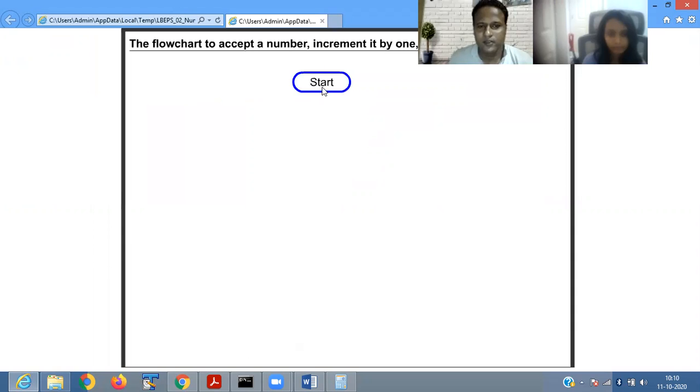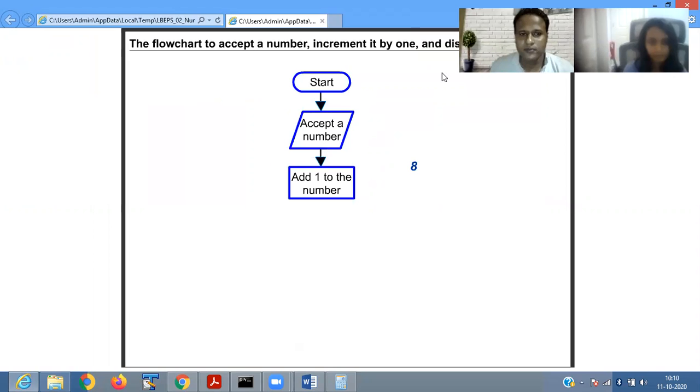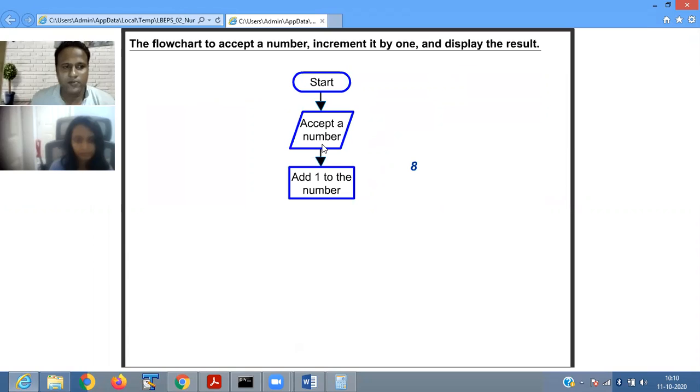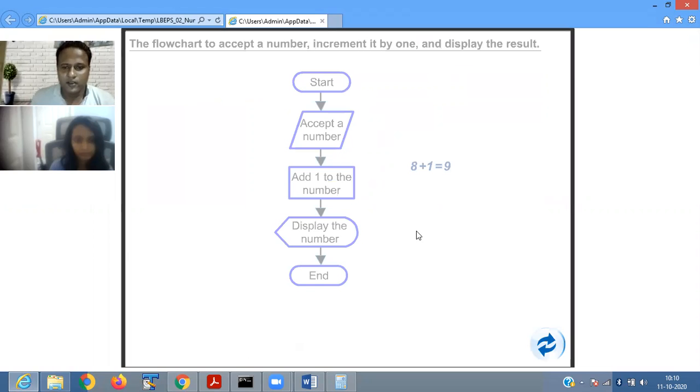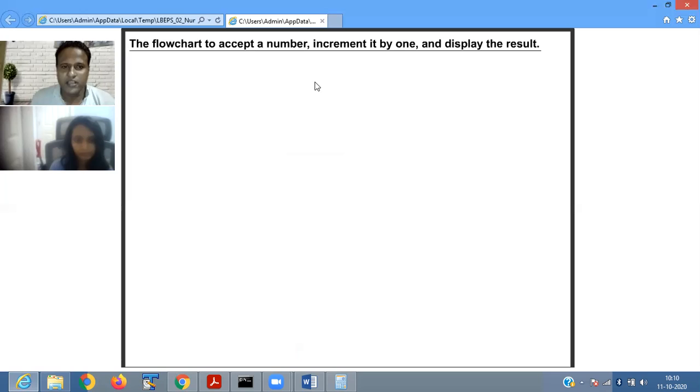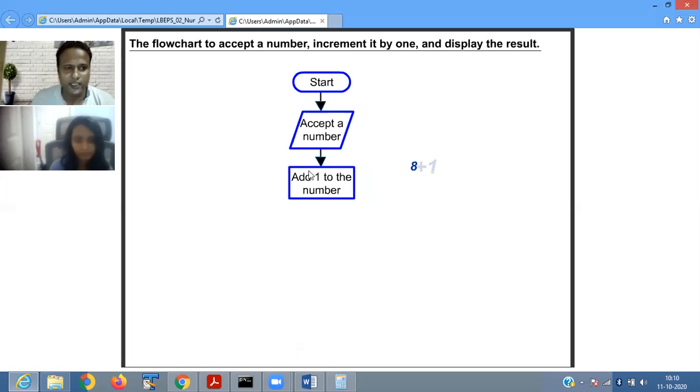Start. Again, I play it. First start. Accept a number. So we accept this number. It is an input box. Then here it is a processing box, 8 plus 1. Then here it is showing you the display. It is the output box.